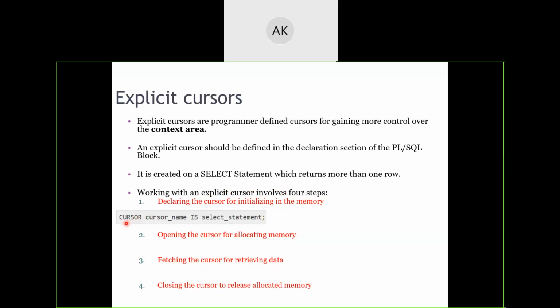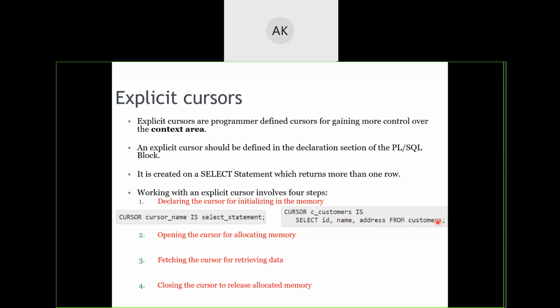You write the CURSOR keyword, then whatever name you want to give the cursor, then IS, then the select statement with which you want to associate this cursor. For example, I'm creating a cursor c_customers with a statement like select id, name, address from customers table.